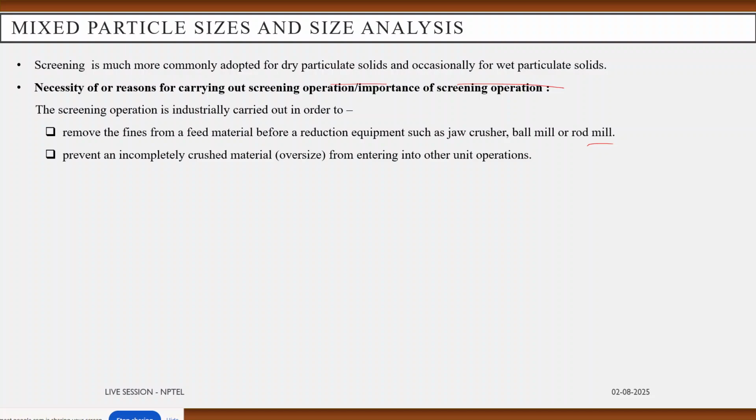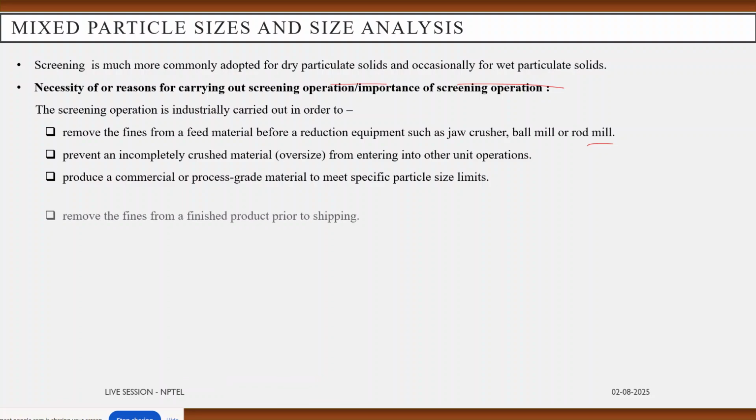In that case, for the coal that will be introduced, a particular feed size should be maintained. There are certain specifications, so for that case these screening operations are very important, and they produce a commercial or process grade material to meet the specific particle size limit. These are the main reasons why screening operation should be carried out in the industrial sector.